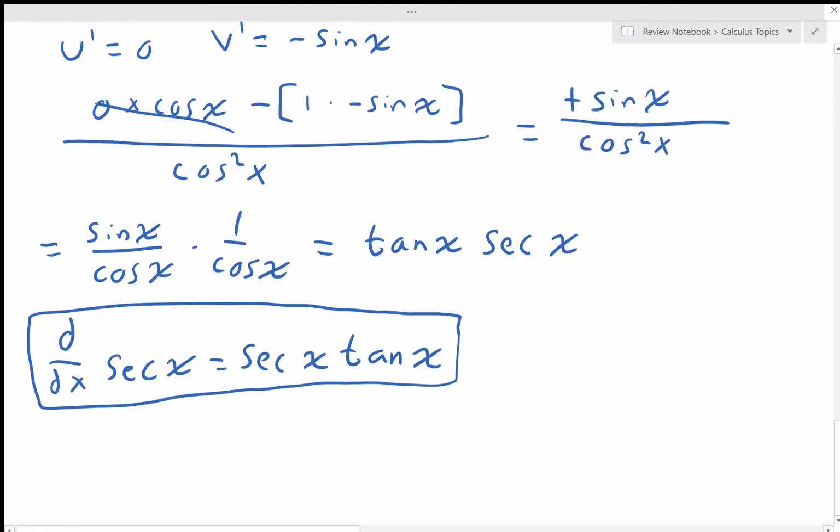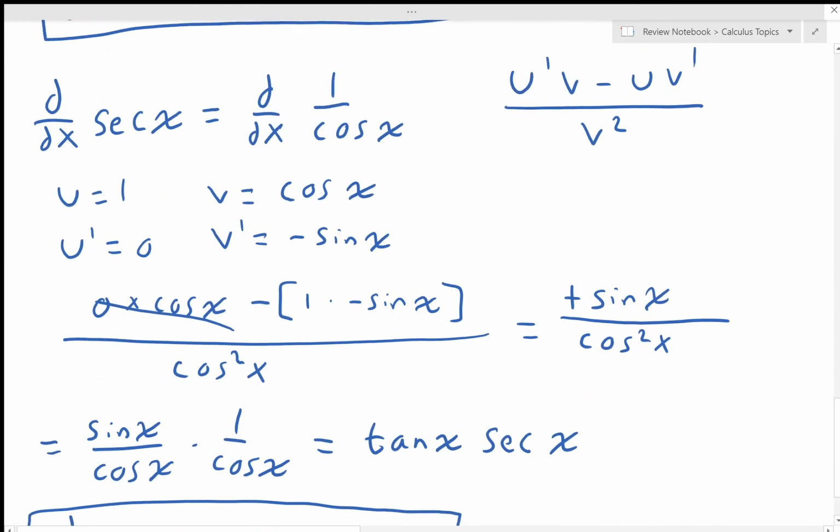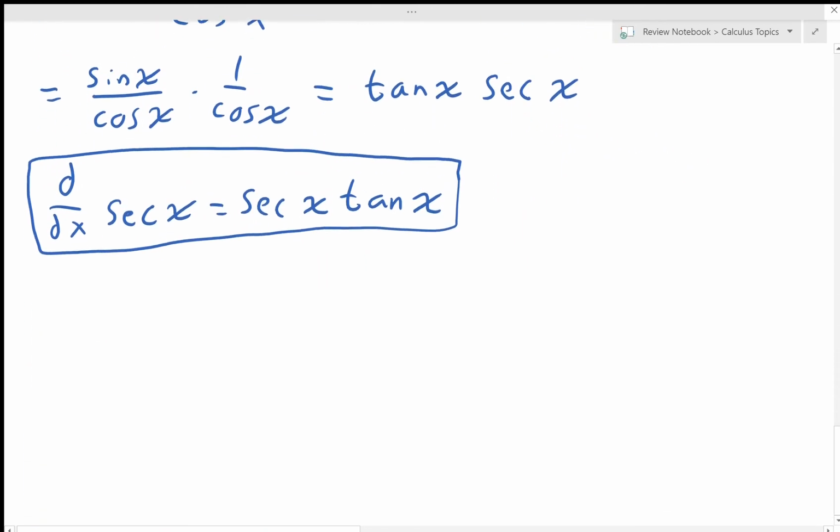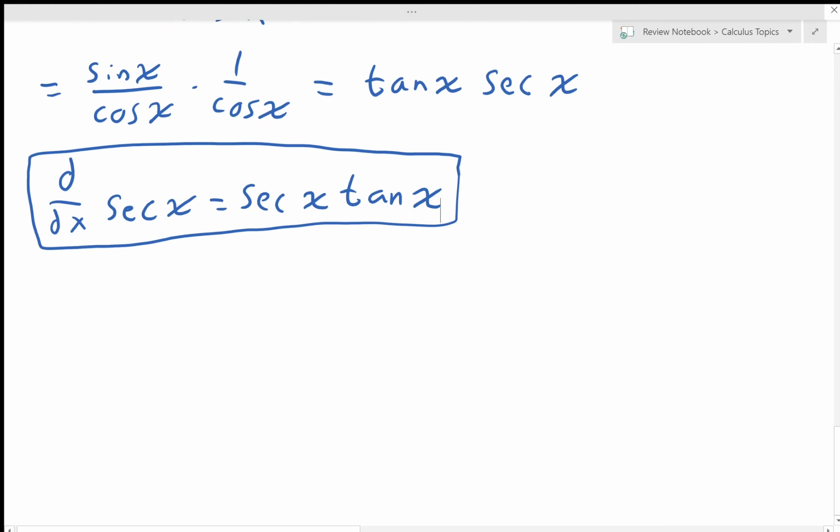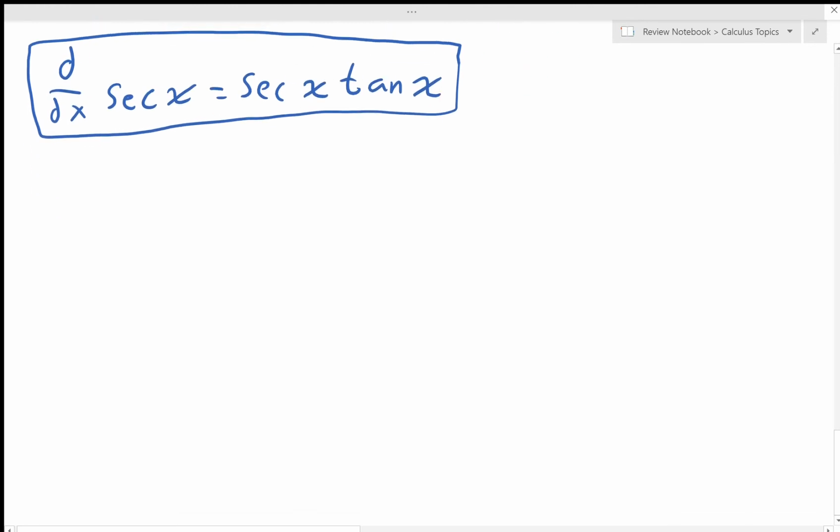Alright, so we just did cosecant, secant. We're left with one more, which would be cotangent x. Derivative of cotangent x would be equal to the derivative of cosine x over sine x.